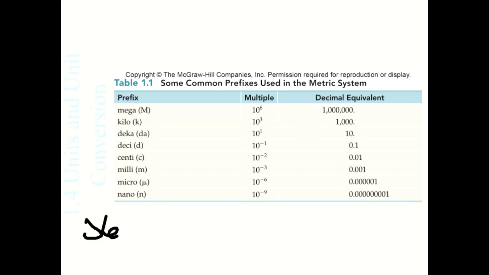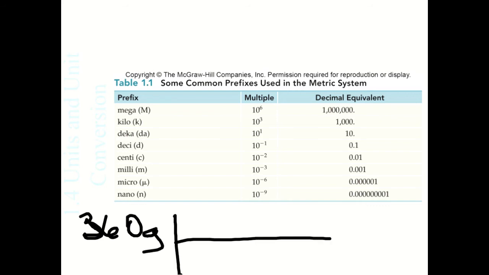Okay? So how do I set up my conversion? Let's say you have 360 grams, and I want to convert that to kilograms. How do I set up my conversion? There are 1,000 grams in every 1 kilogram. So in other words, 1 times 10 to the third grams for 1 kilogram.